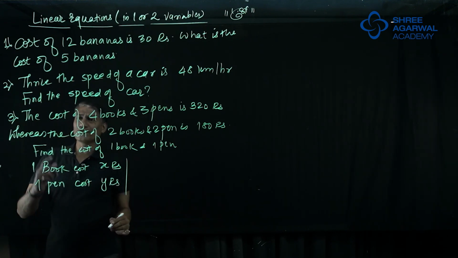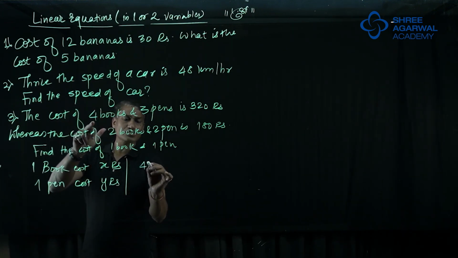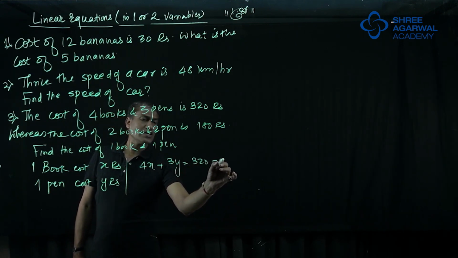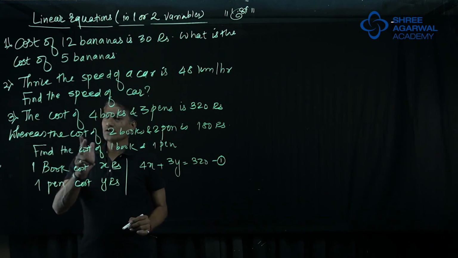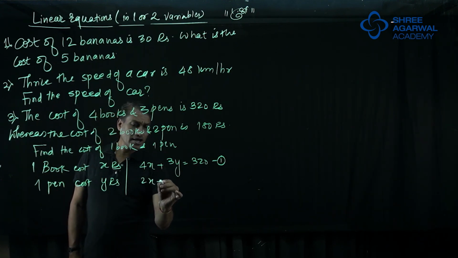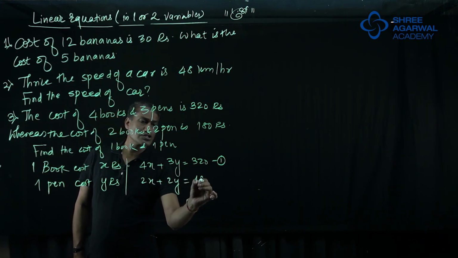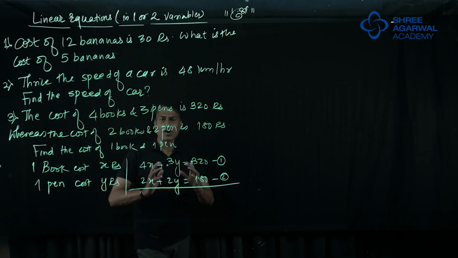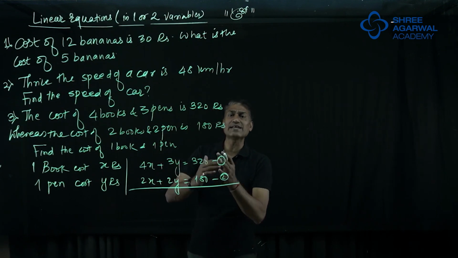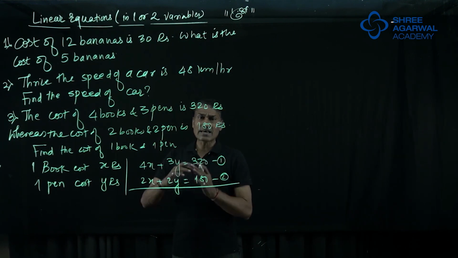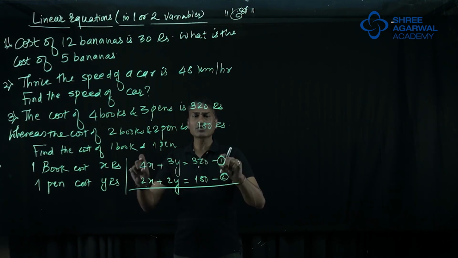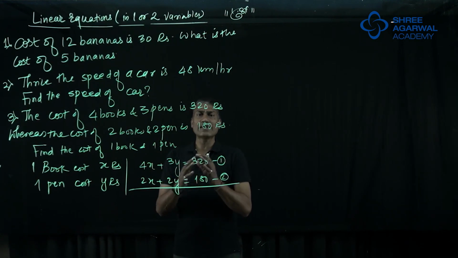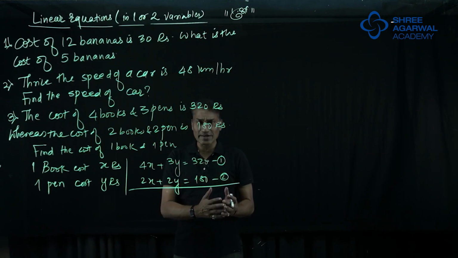So, what is the first condition? 4 books and 3 pens cost us 320 rupees and the cost of 2 books and 2 pens costs 180 rupees. Now, these are the two equations which we got. This is called formulating the problem. Once the equation is formulated, how to solve this? There are different methods, either by substitution or by equating the coefficients or by cross multiplication method.